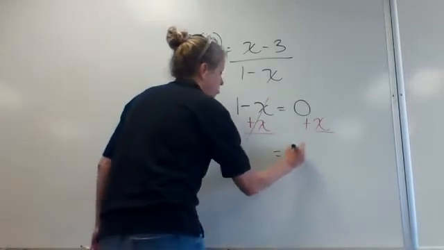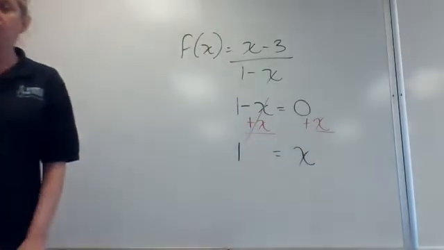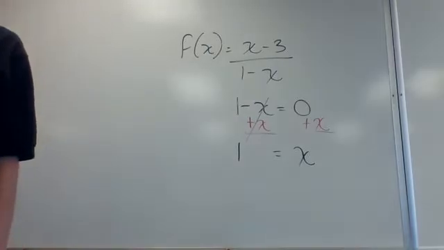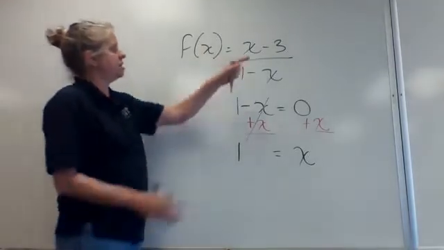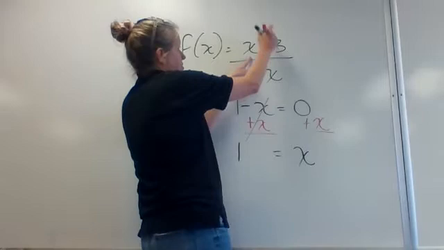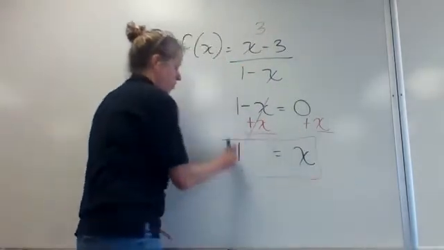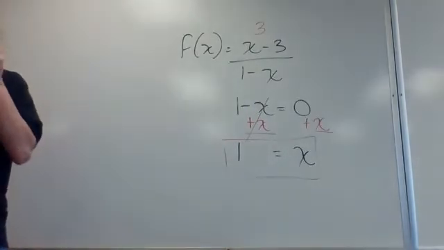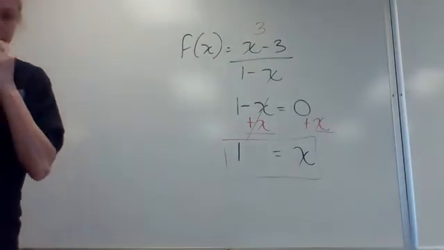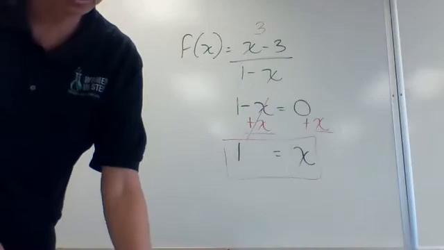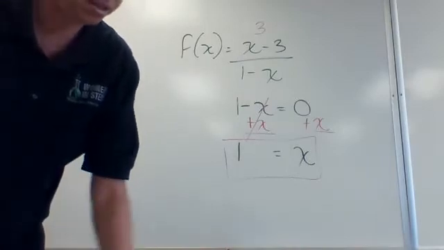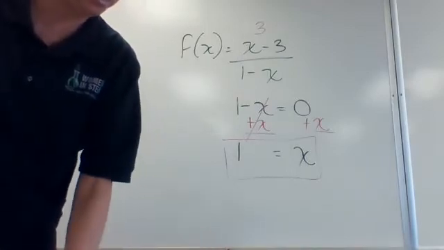So 1 equals x, or x equals 1, is the vertical asymptote. What would make the numerator 0? 3, and they're not the same. So this is a true vertical asymptote. Right, number 8.